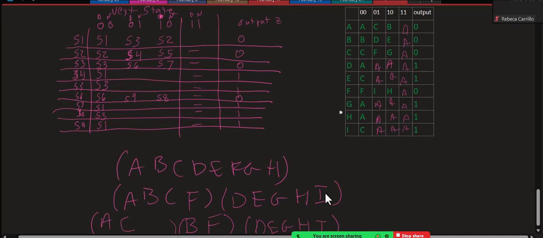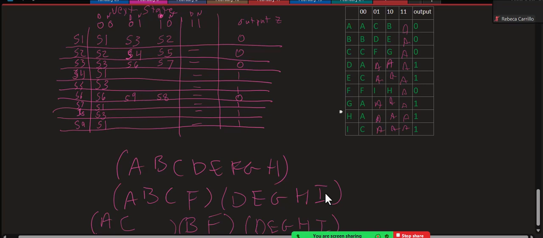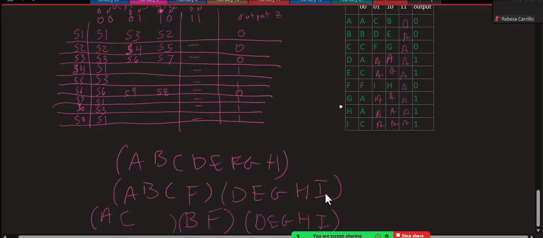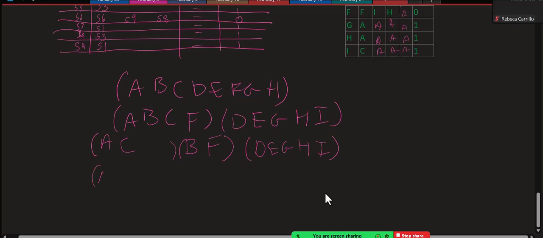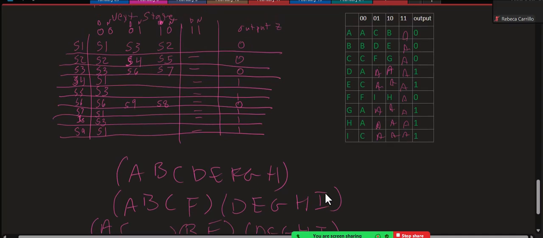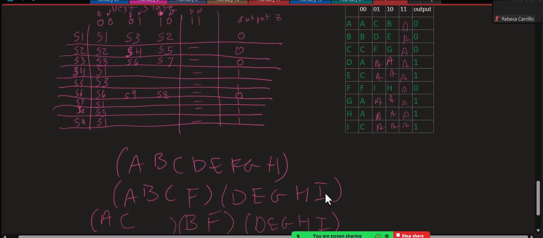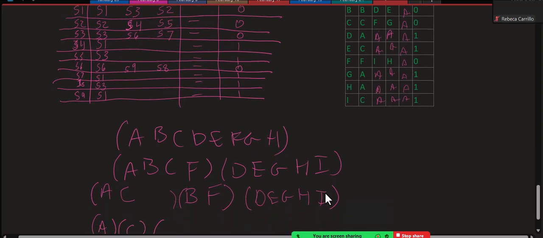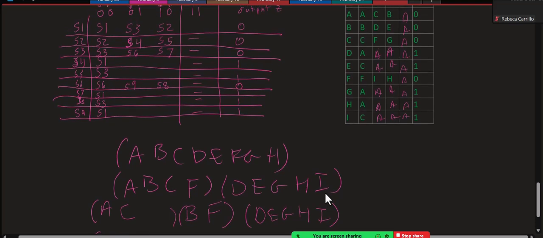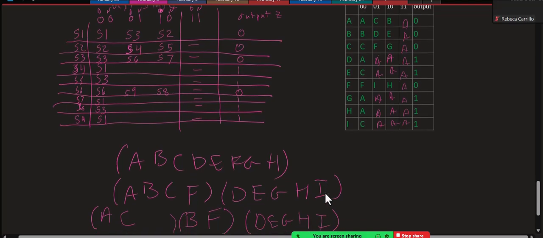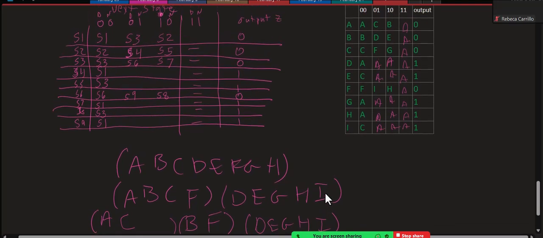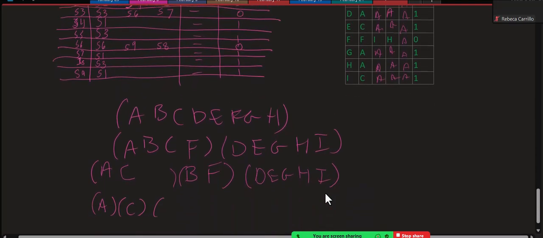A goes to A and C goes to C. A goes to C and C goes to F. Yeah, okay, so A and C have to split up. B goes to D, and F goes to I, and B goes to E, and F goes to H. I think they can stay together.